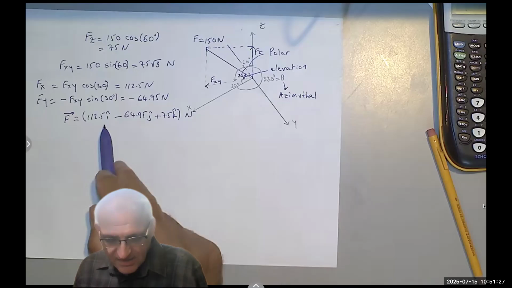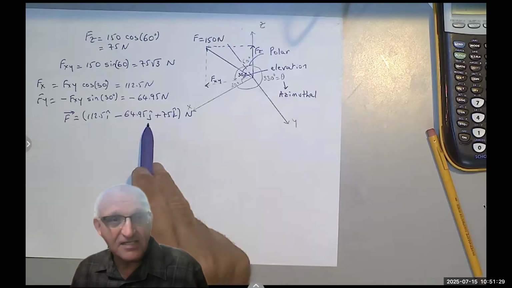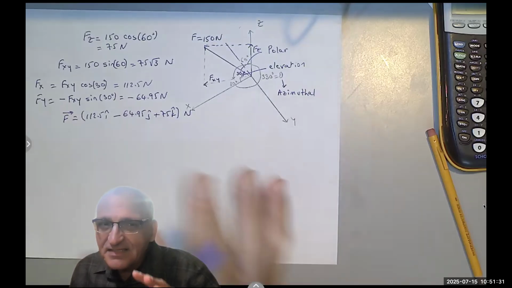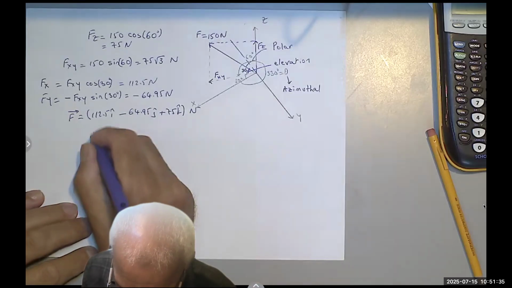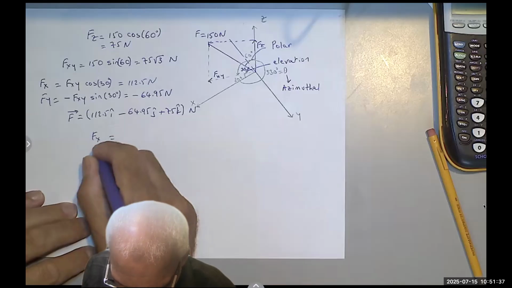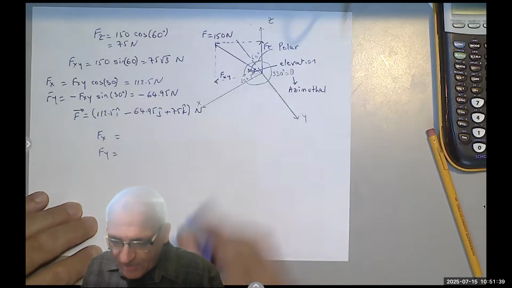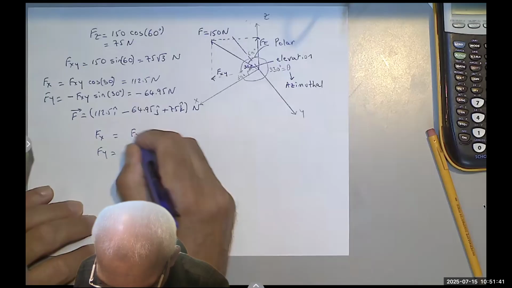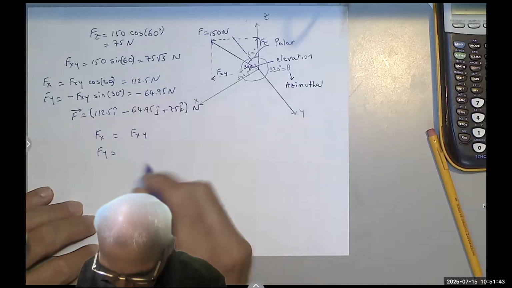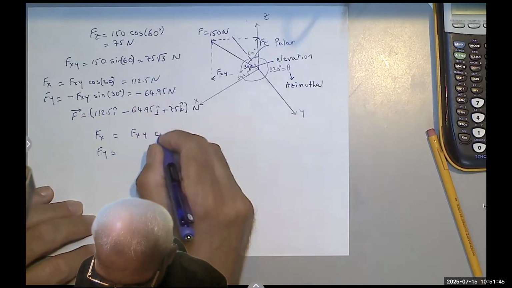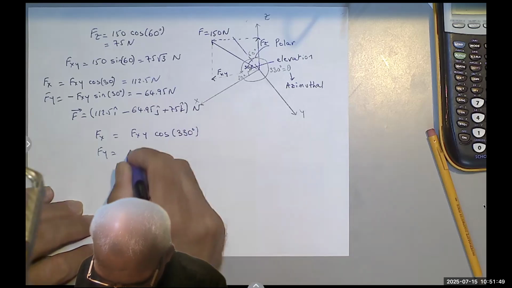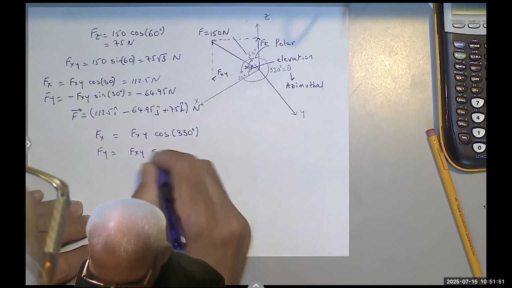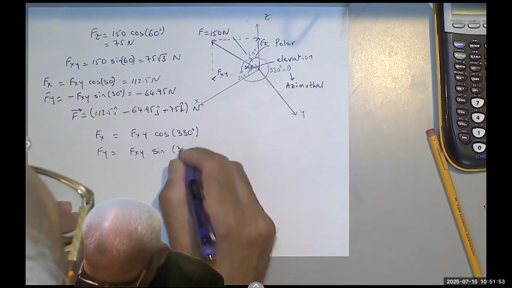But the cosine is x. Yes, it's positive, and the sine is y. So at least now we know that the signs would be correct. Let's try to find Fx and Fy using this method. I'm going to say it's Fxy, which is the 75 root 3, cosine 330 degrees, and this is Fxy sine 330 degrees.